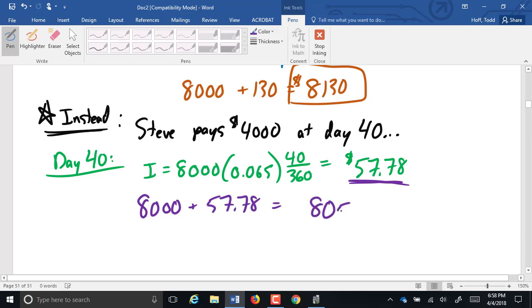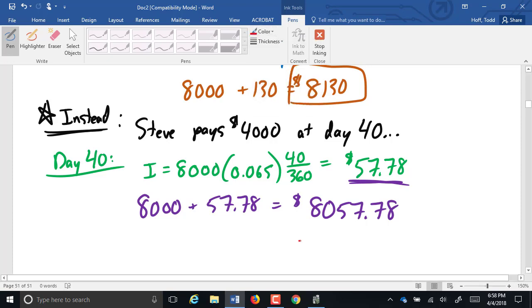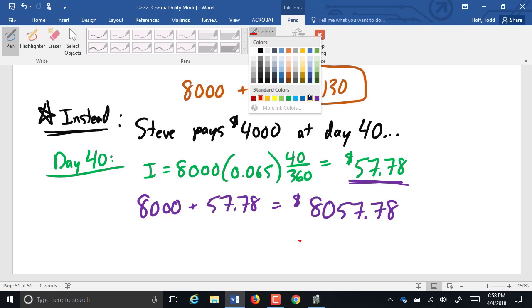So before the payment is made, the balance is now $8,057.78. That's the balance before the payment.